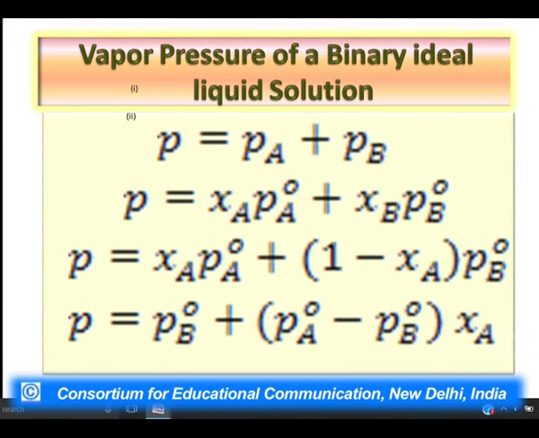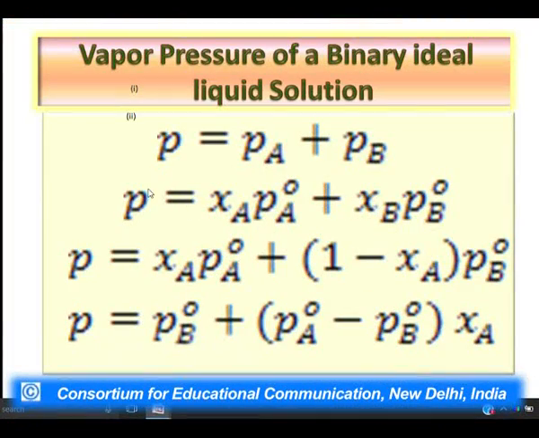For example, the total vapor pressure is equal to the sum of the partial vapor pressures of both the liquids, that is P, which is the symbol used for total vapor pressure, equal to PA, the partial vapor pressure of component A, plus PB, the partial vapor pressure of component B. Now, from Raoult's law we can substitute for PA and PB: PA is equal to XA PA naught and PB is equal to XB PB naught.